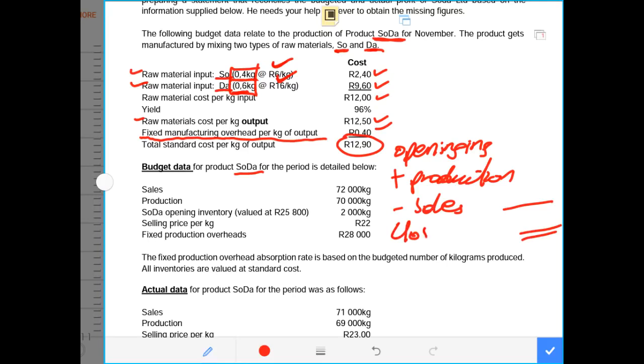We don't know if there will be closing or not, but the fact that we can sell 72,000 means 2,000 must have been opening, the production we know was 70,000, and sales will be 72,000 units. Then the rest is likely to be the closing inventory. However, I'll still wait for further information to analyze. Perhaps the calculations will change, but so far I can say that there were opening units.